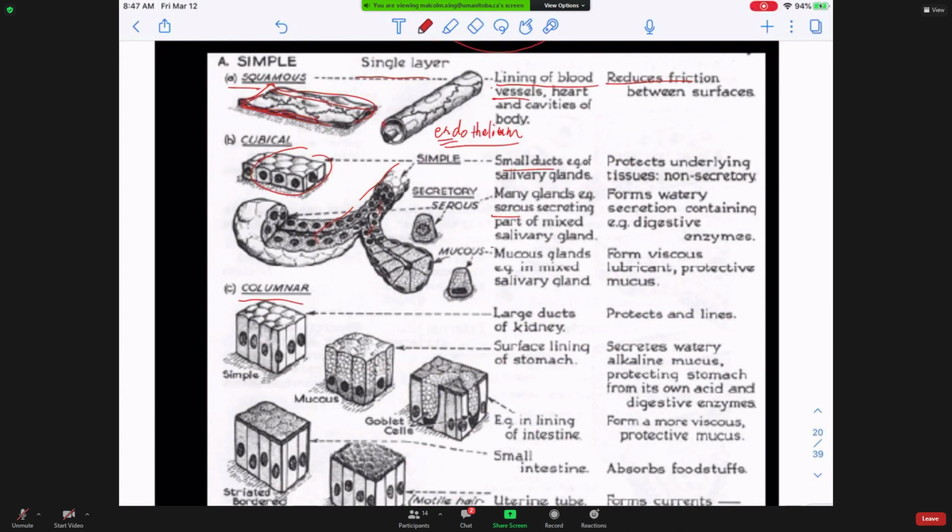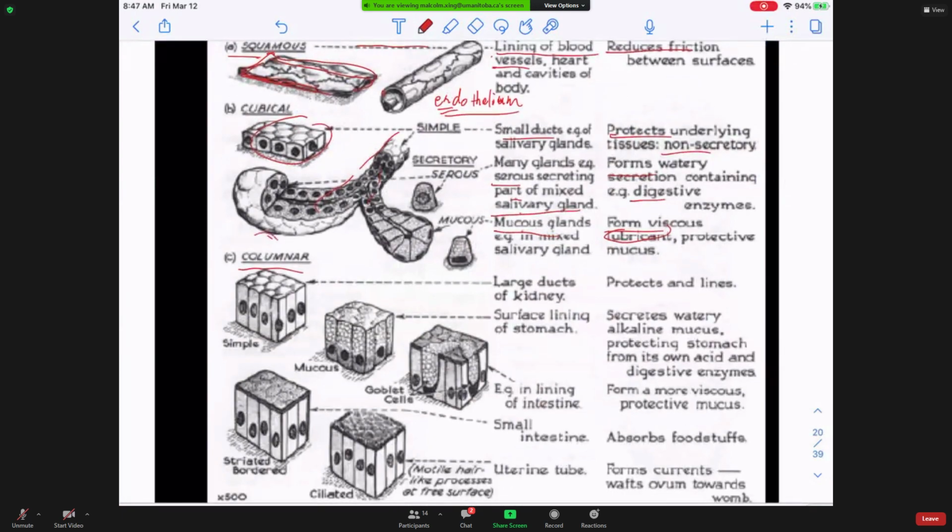So mixed glands secrete some chemicals or materials and protect the underlying tissues, and the non-secretory ones form watery secretion and some enzymes. And also here are some mucosal glands for viscous lubricant, protective mucus.